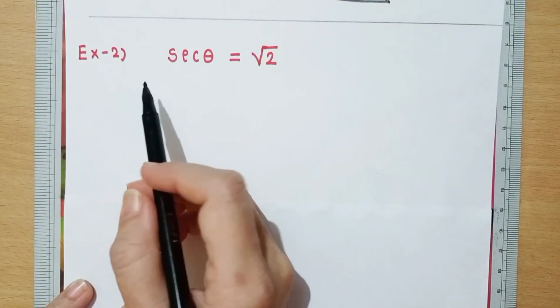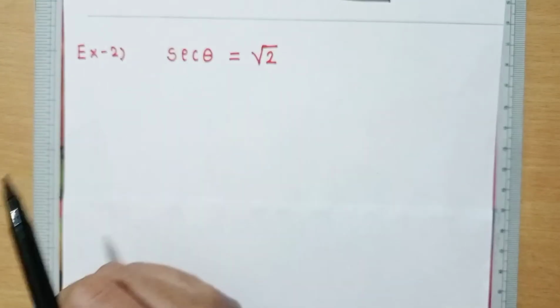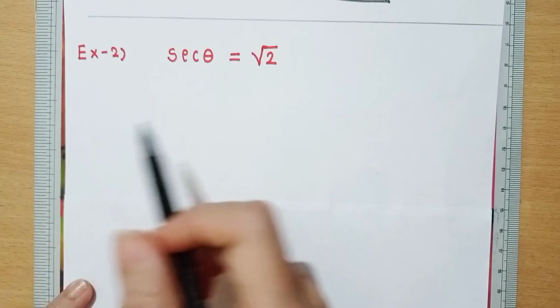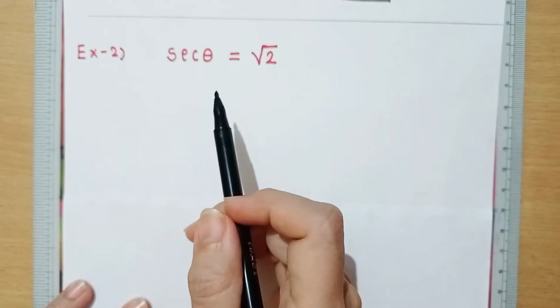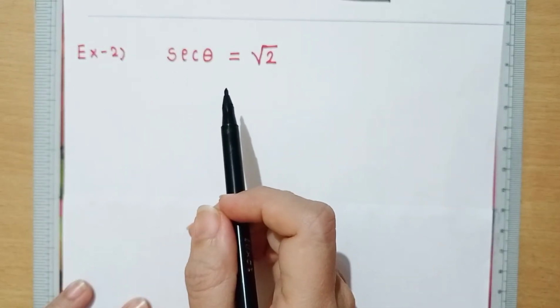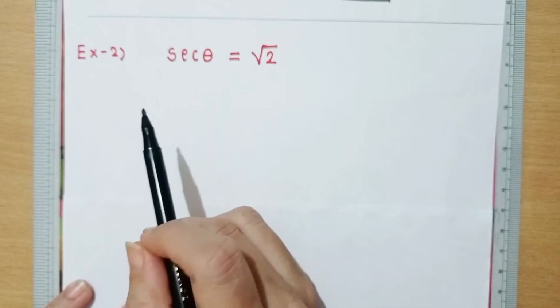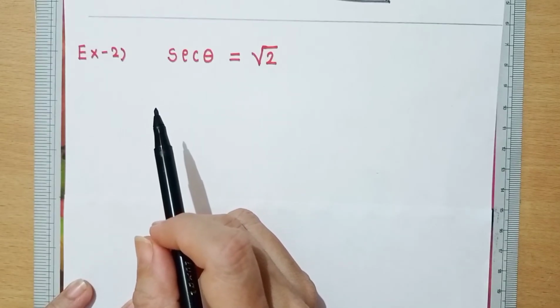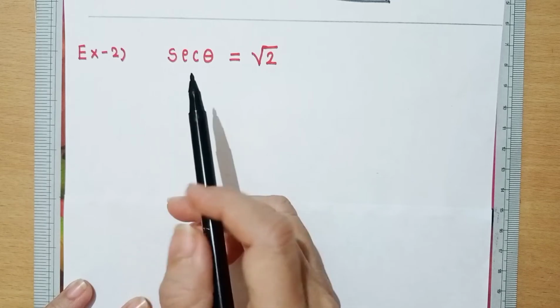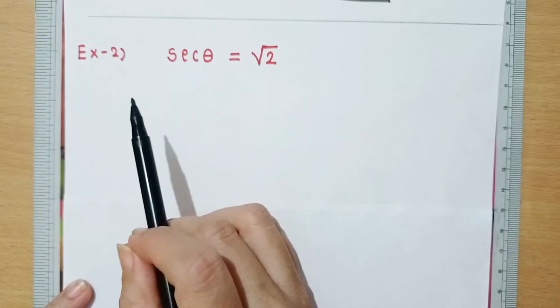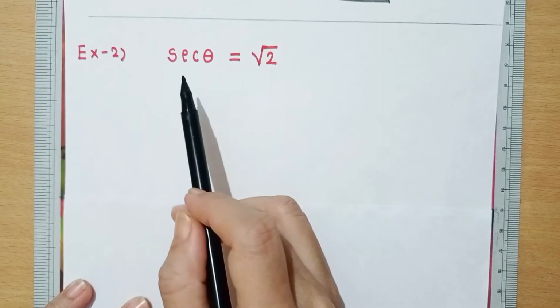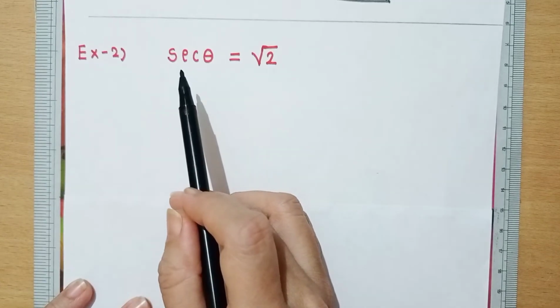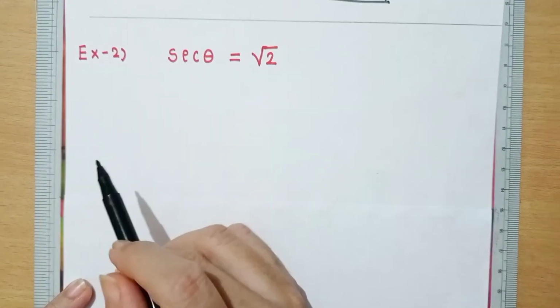Our second example is sec theta is equal to root 2. Now check again our formulae. First formula is sin theta is equal to sin alpha. Second one cos theta equal to cos alpha. And third one tan theta equal to tan alpha. We don't know what is the formula for sec theta. So first we will convert this sec theta into cos theta.